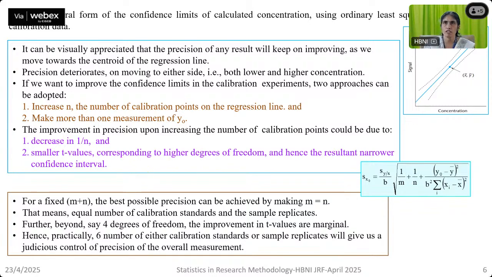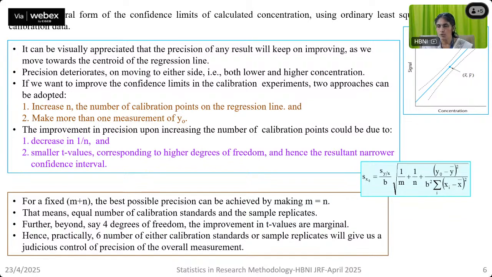For example, for the intercept, it is intercept plus or minus t s intercept. If it is slope, then again the same way. t times s on either side will be encompassed in the calibration curve. That much error will be there.